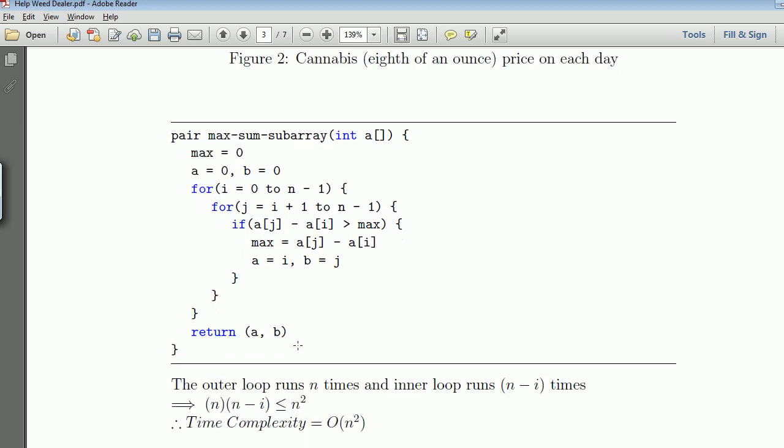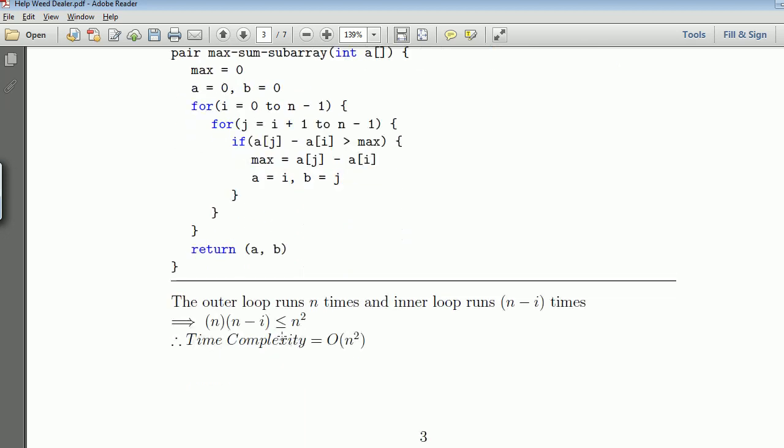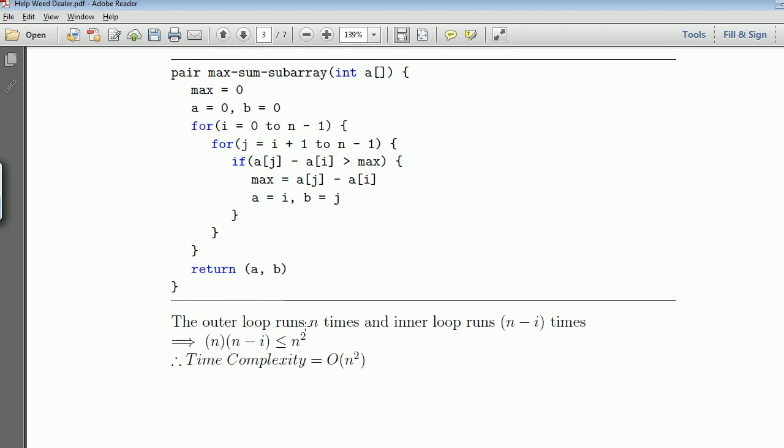but we are not interested in the brute force approach because if you see, the outer loop runs n times and the inner loop runs n minus i times, because every time, let's say we have 20, 15, 13, 25.